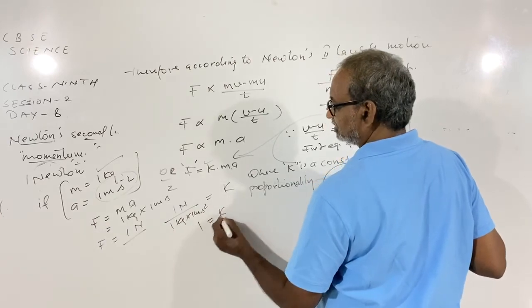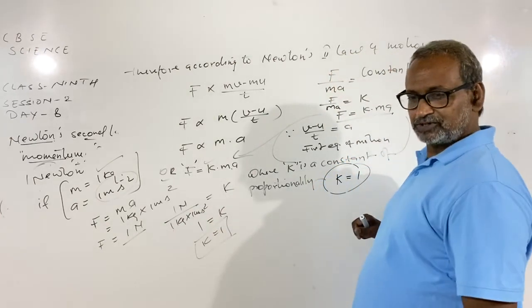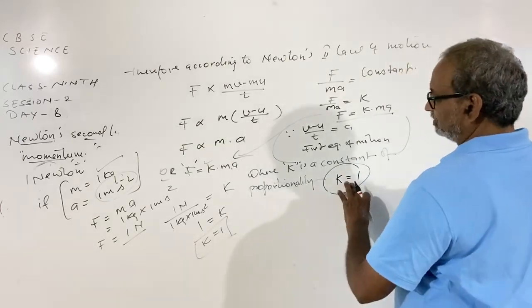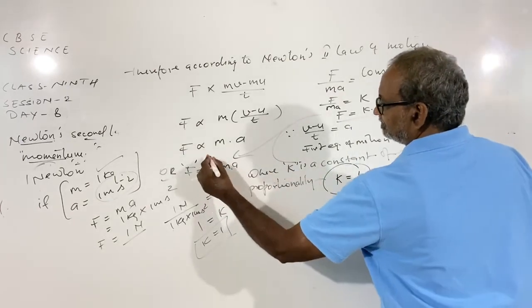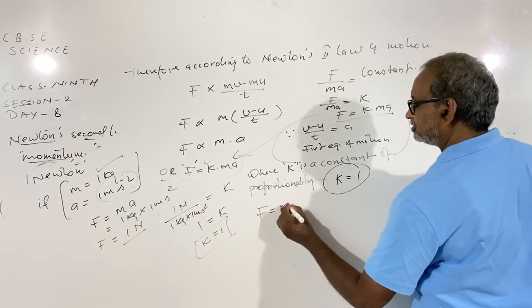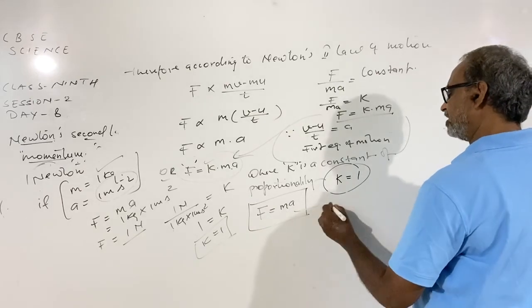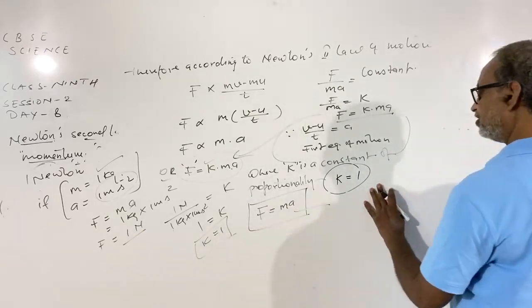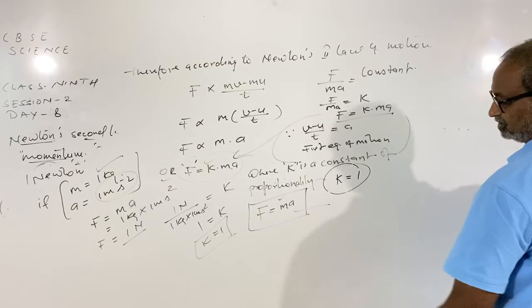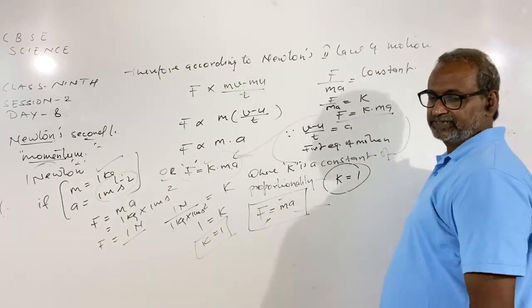That is, K is equal to 1. So if the value of K is 1, this expression is reduced to F is equal to ma. This is the mathematical expression for Newton's second law of motion, which also defines force. That's all for today.